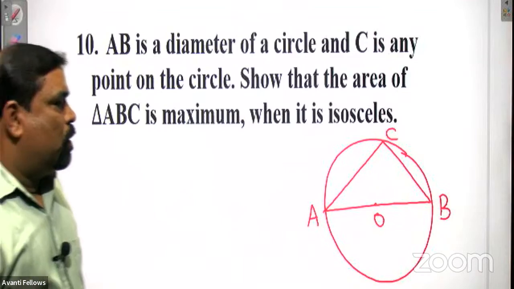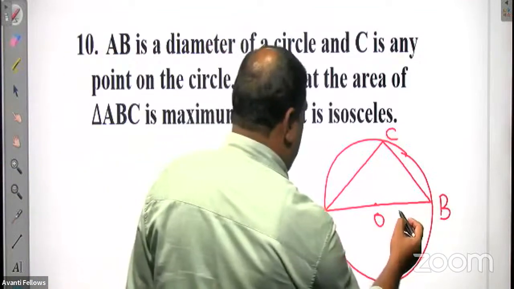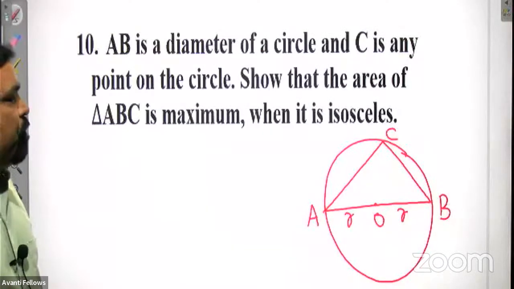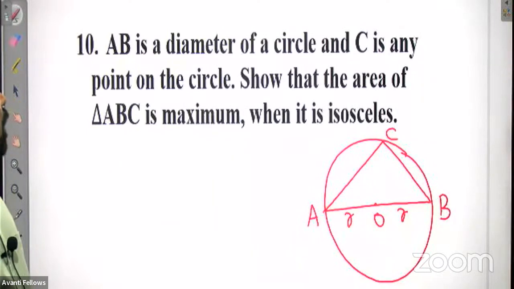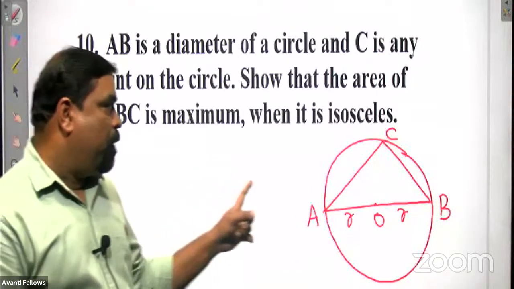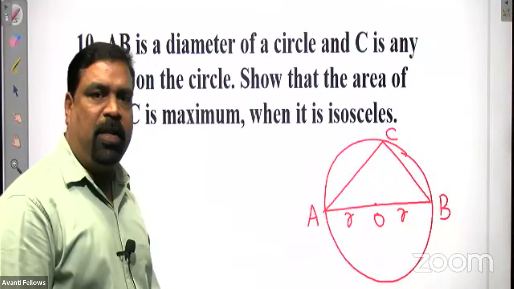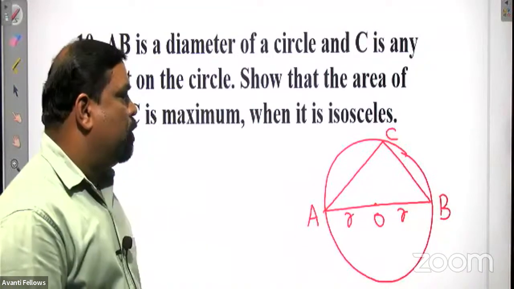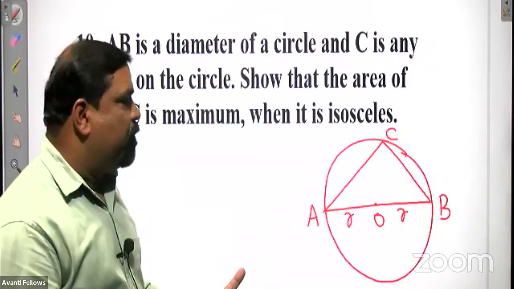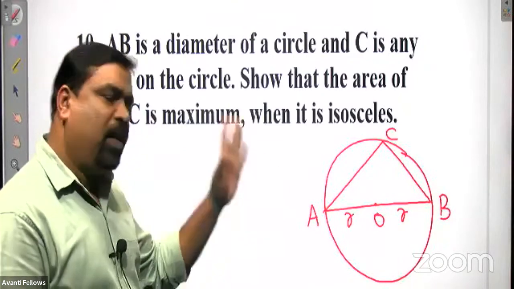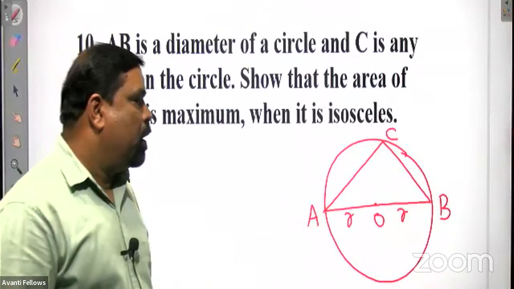Now let us take the radius as R. So show that the area of the triangle ABC is maximum when it is an isosceles triangle. That is the question. When the area is maximum, we have to show that the triangle must be isosceles.